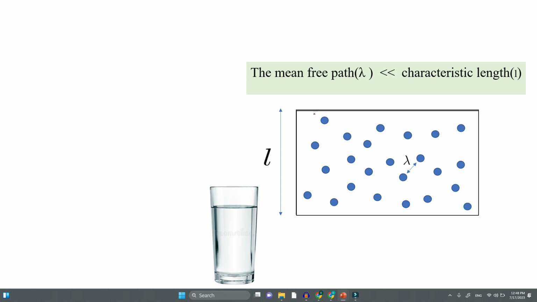Characteristic length means the dimension of the container. Okay, but see here this is a gas. Here the water can be taken as a continuum, because we can neglect all the gaps between the liquid molecules. Actually there will be some gap, but we can neglect all that.